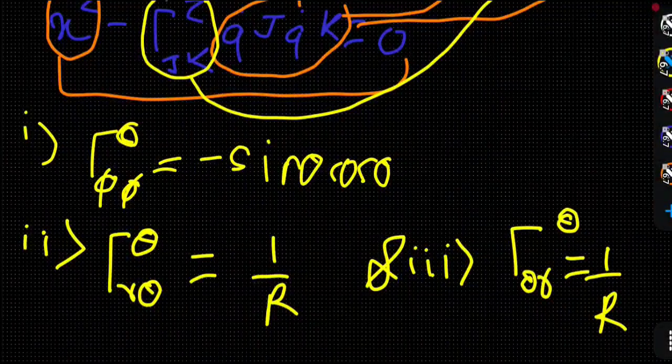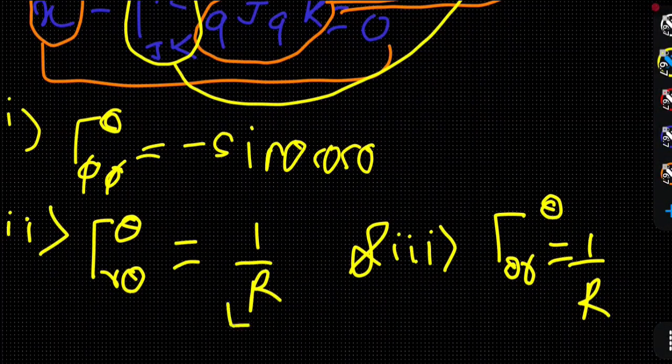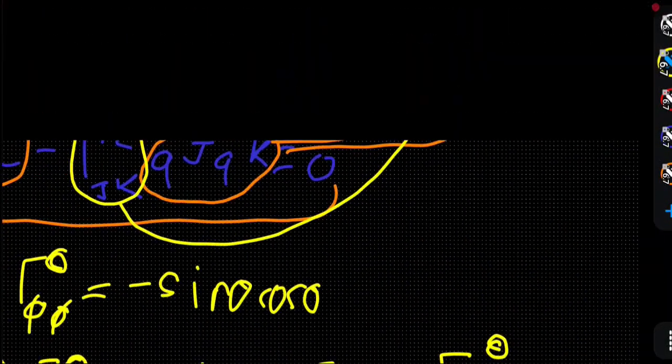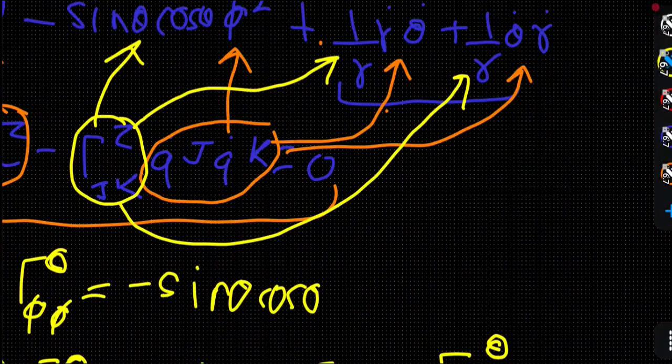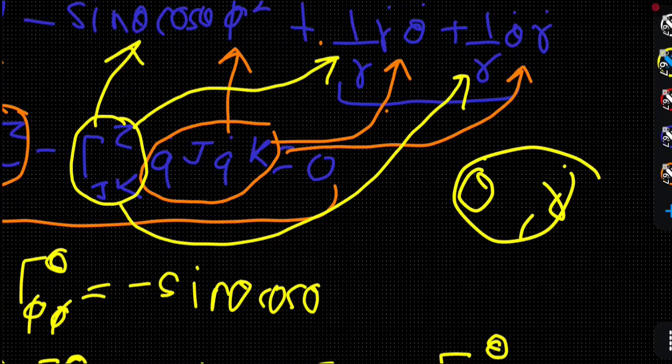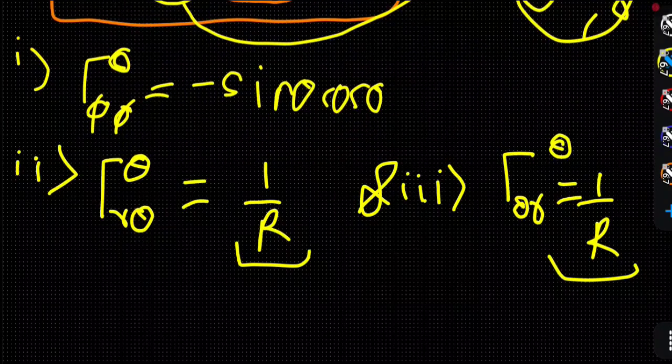What you can see here is that these Christoffel symbols are equal. What I have said is that ṙθ̇ and θ̇ṙ are the same. No matter whether you write θ̇ first or ṙ first, both are the same equation. It means these two Christoffel symbols are equal.